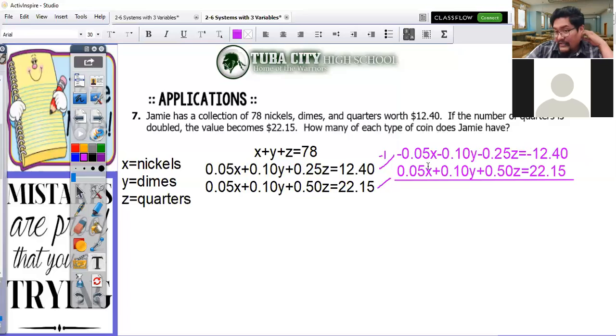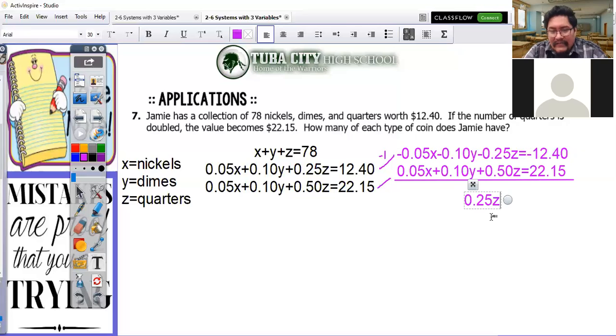Now, again, something interesting happens here because 5 cents minus 5 cents is going to be nothing. 10 cents minus 10 cents is going to be nothing. Okay, so 50 minus 25. It's going to be positive because my positive number is bigger.